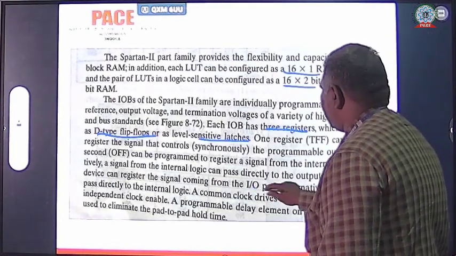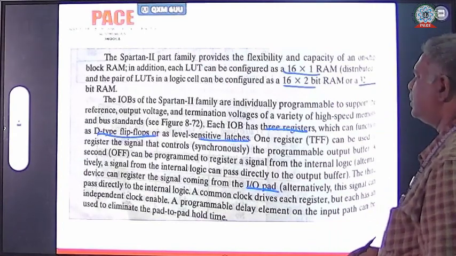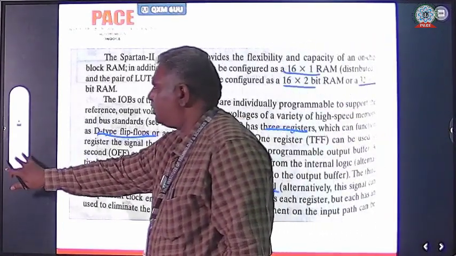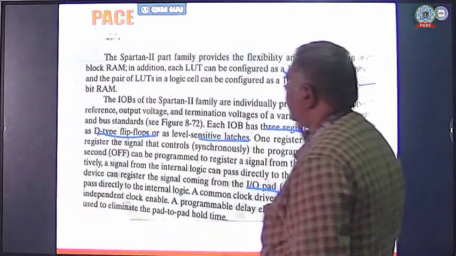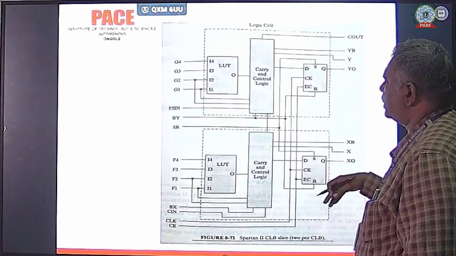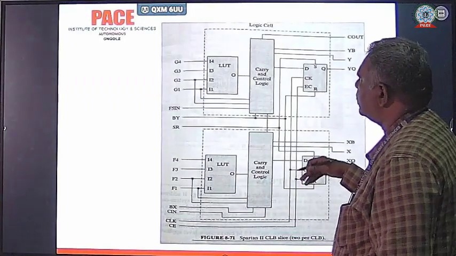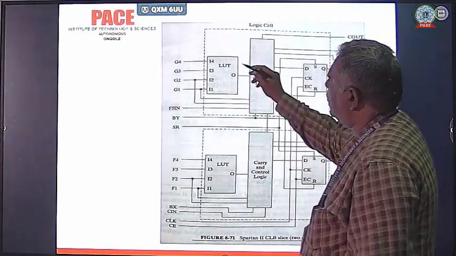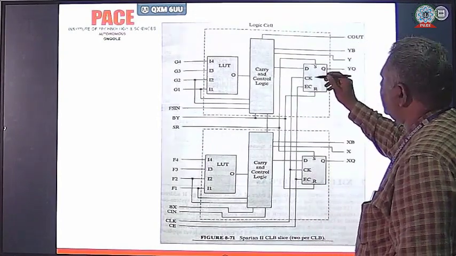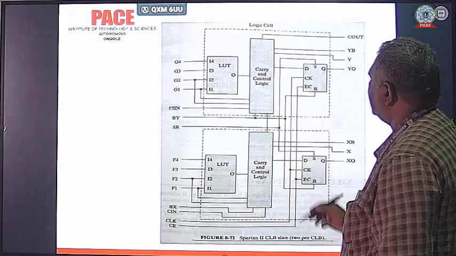So these are the basic advantages of this Spartan 2. This is the interconnection circuit in a logic cell, and we have a LUT, carry and control logic, and as we discussed, we are going to use D flip flops.